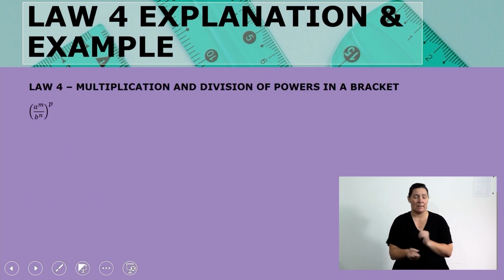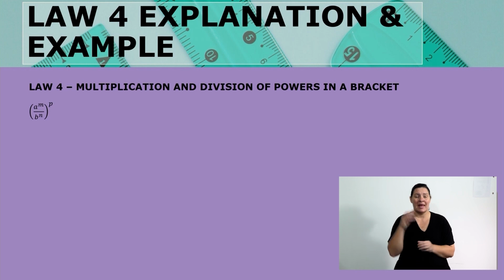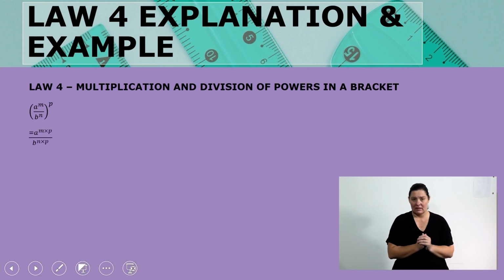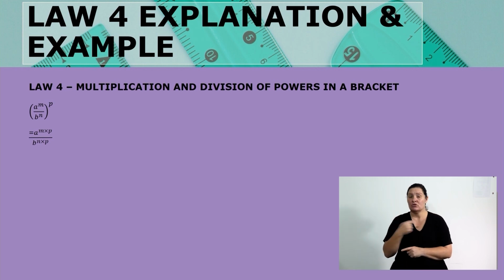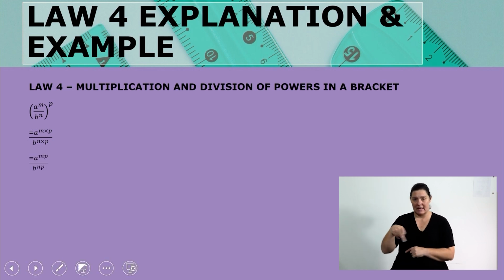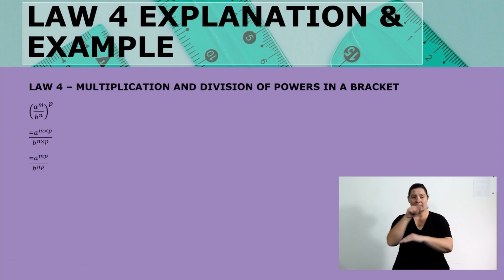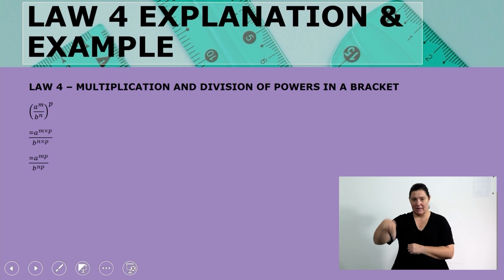So what happens when there are exponents inside the bracket? What is going to happen is that, again, the raised exponent belongs to the power that is the numerator and the power that is the denominator. So this means that it will be a to the exponent m multiplied by p divided by b to the exponent n multiplied by p. As a result, we are going to have a to the exponent mp divided by b to the exponent np.